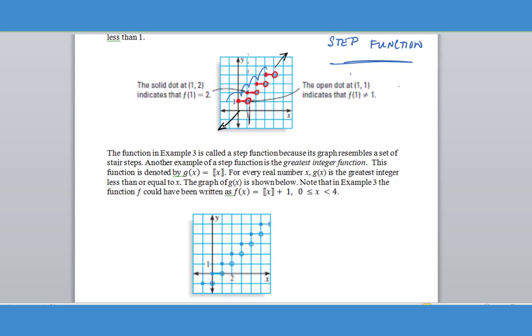And so it creates this infinite staircase function, if you will. So just understand that when you see this bracketed value, it's going to continue on infinitely in both directions. So that is the greatest integer function, and we will talk about it in as much detail as we need to in class. Here I'm just going to leave it at that.